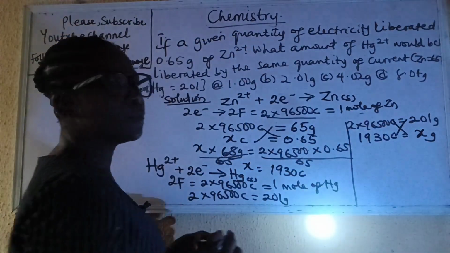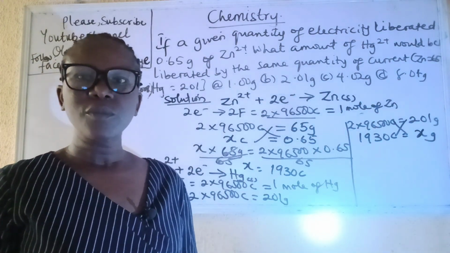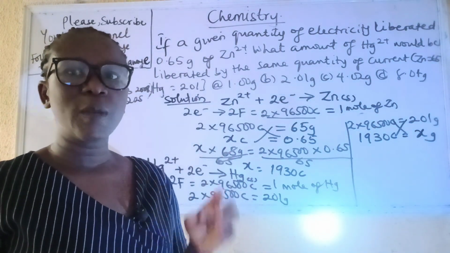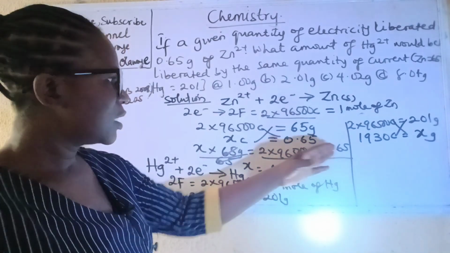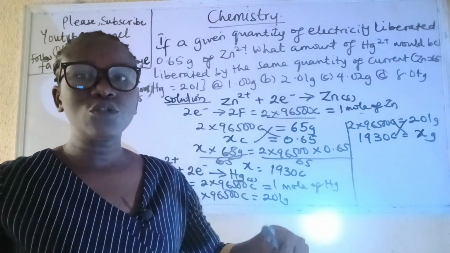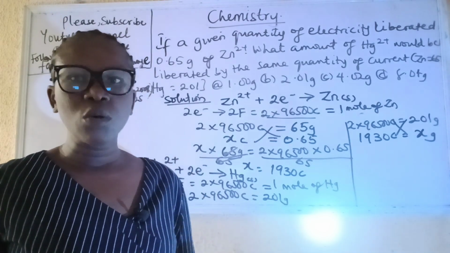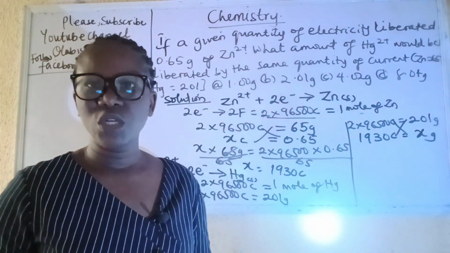You can see here that this is the second Faraday's law of electrolysis, which says that when the same quantity of electricity is passed through different electrolytes, different masses of the elements will be discharged. This question has justified that statement, that it's possible for the same quantity of electricity to pass through different electrolytes which contain different elements.